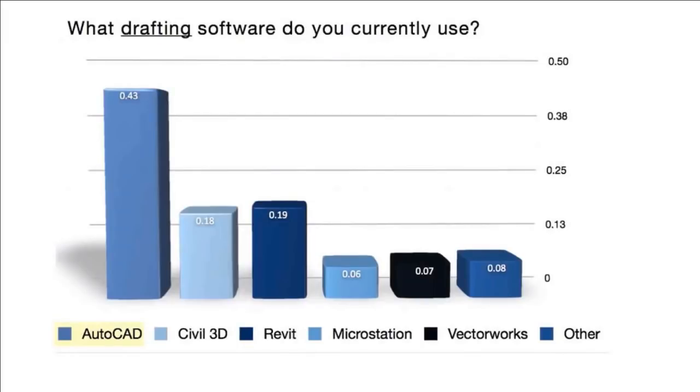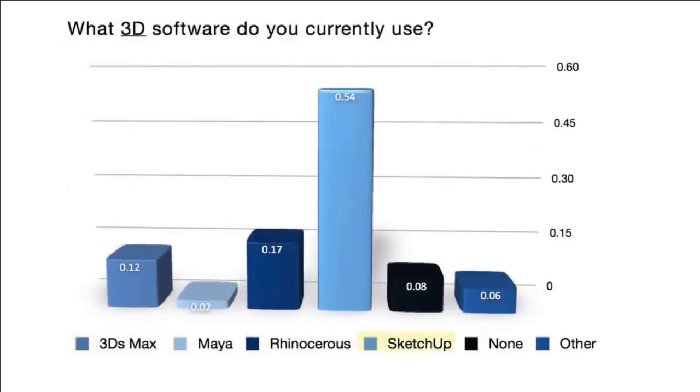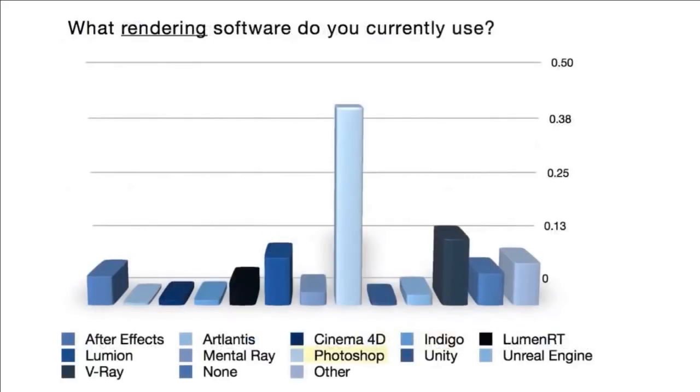And then again, for drafting software, AutoCAD just dominates. Civil 3D and Revit follow behind, and MicroStation and Vectorworks actually have a strong stance as well, and those are growing a bit more. For 3D, SketchUp pretty much dominates as well, with Rhino and 3ds Max following. And for rendering, Photoshop is the lead rendering or post-processing platform to help with illustration.